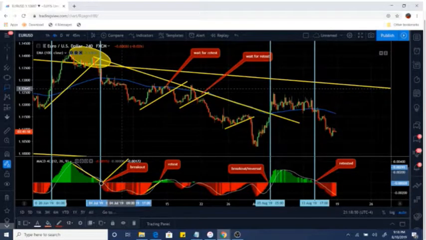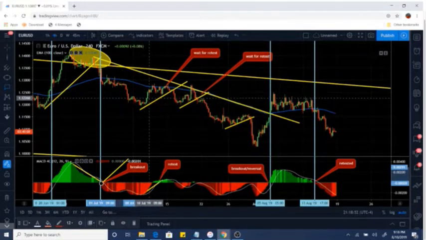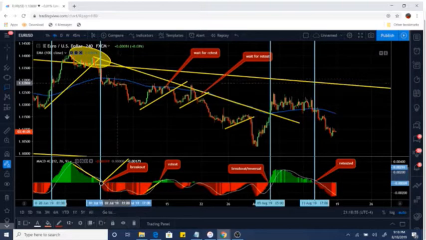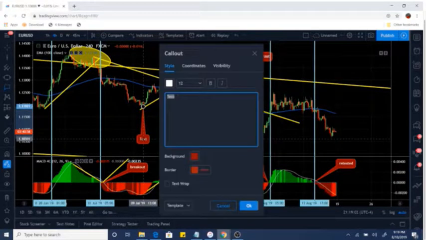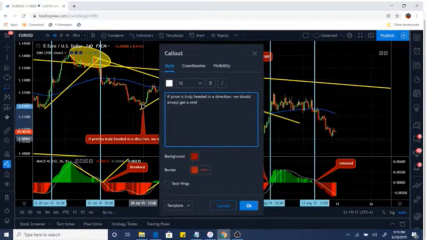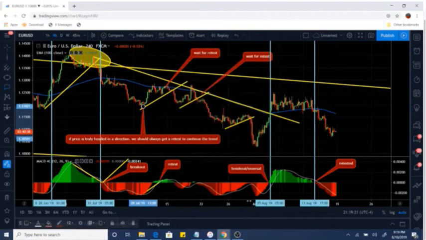If price is truly headed in a direction, we should always get a retest to continue the trend. Big notes here, but I wanted to point that out.